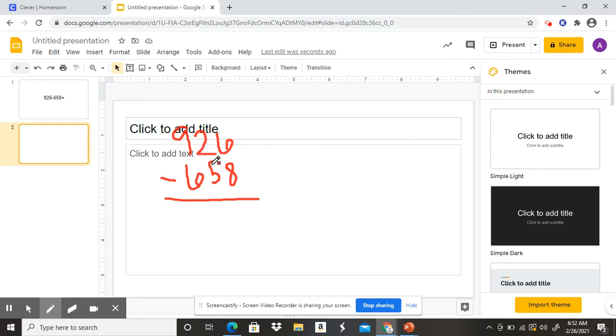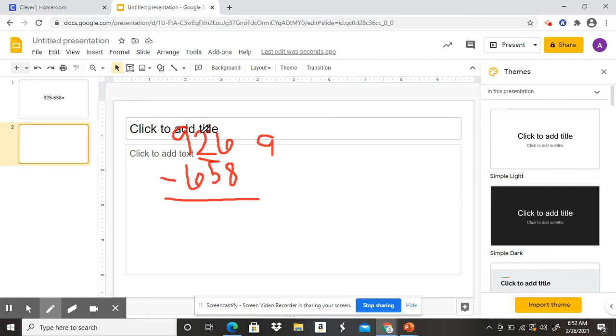So I look at 926, I look and see what number is in the tens place, and it's the 2. Since I'm not doing anything with the hundreds place, I just move it on over, okay? I ask myself, what two tens does 926 fall in between? Well, it falls in between 920 or 930.